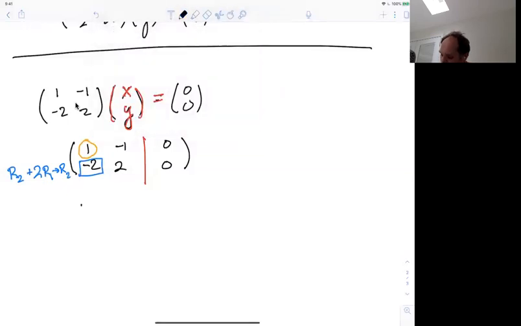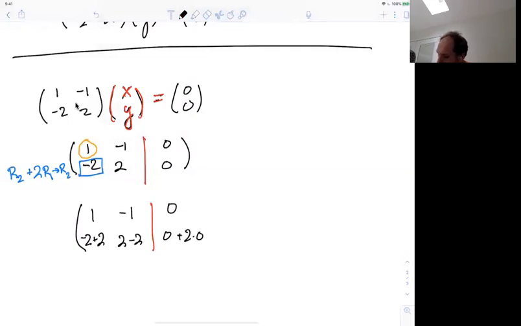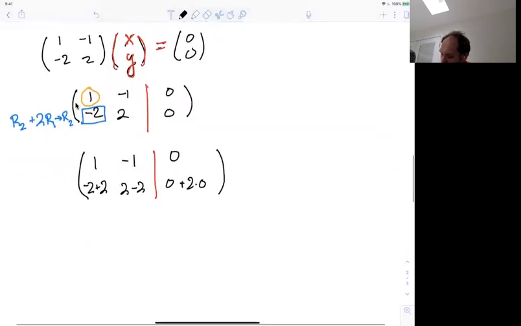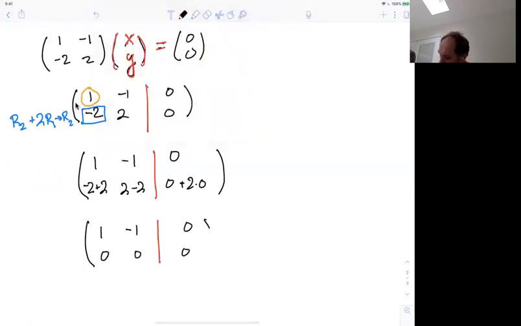So what happens if we do that? The first row will stay the same, and the second row becomes all zeros. So right here, we have a row of all zeros.